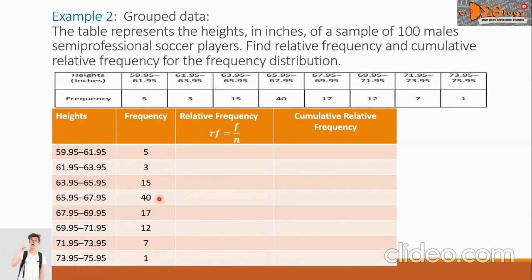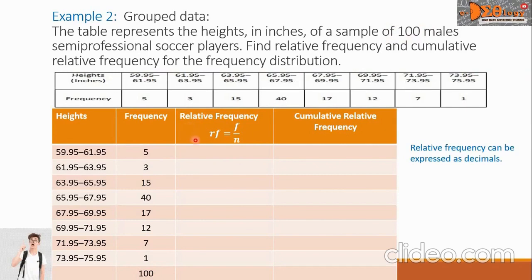Next, we're going to find the total of the frequency, and this is equal to 100. This is based on how it is described in the problem that there must be 100 male players. Next is the relative frequency.